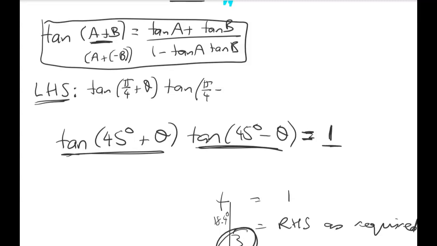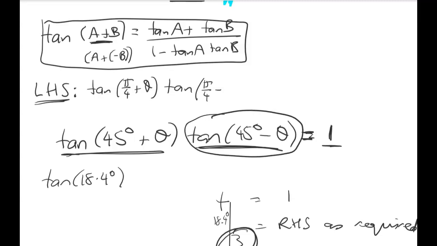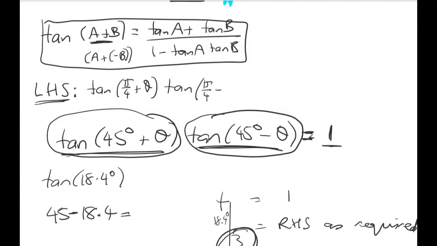So putting that into some algebraic identity says that when we do this times this, we end up with 1. If we're looking at it here where we've got tan of 18.4 degrees, we can treat that as this factor, and then we can work this out, right? So how far is 18.4 from 45? 45 minus 18.4 degrees is a gap of 26.6 degrees.